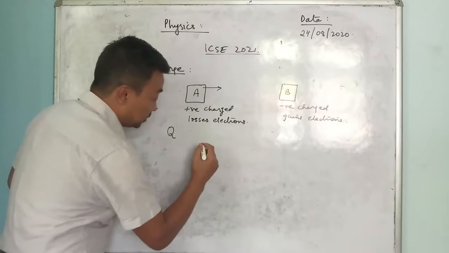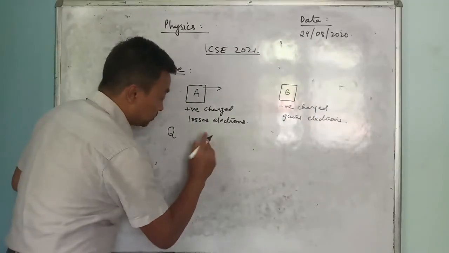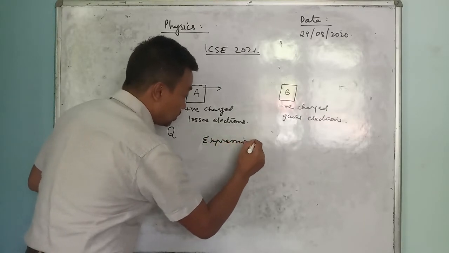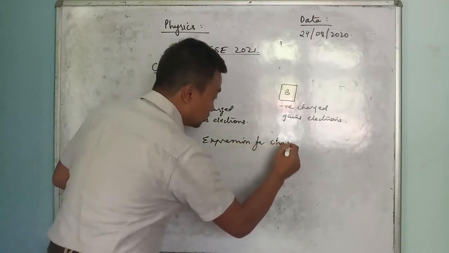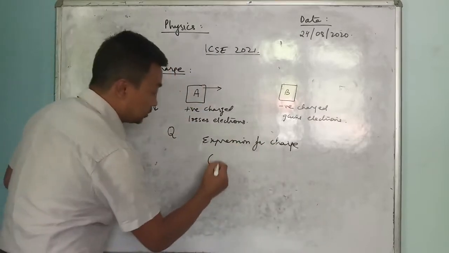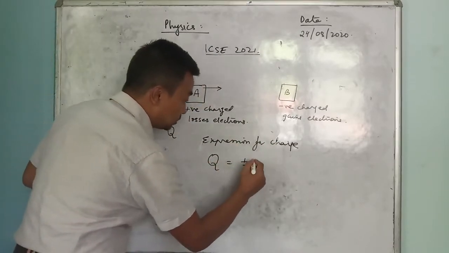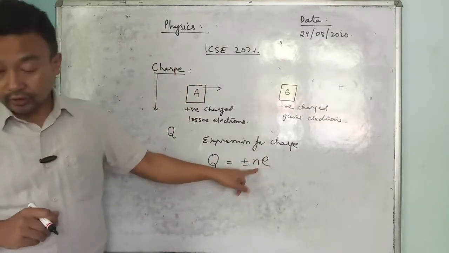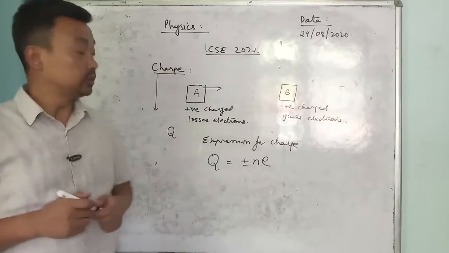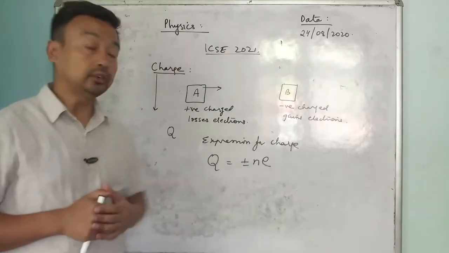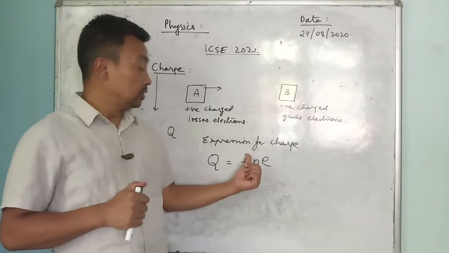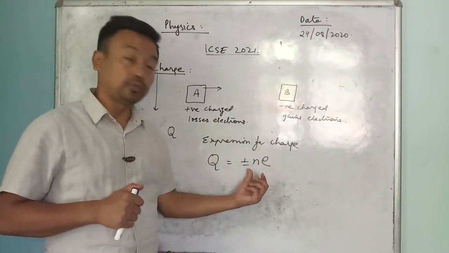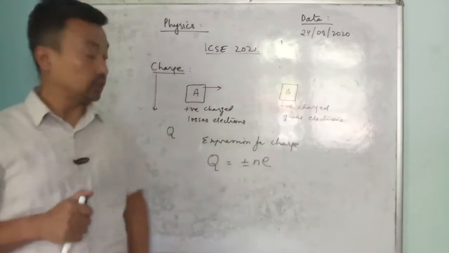So the expression for charge is given like this: Q equals plus or minus Ne, where N is the number of electrons present in the conductor or non-conducting body, plus indicates that it is positively charged, and minus indicates that it is negatively charged.